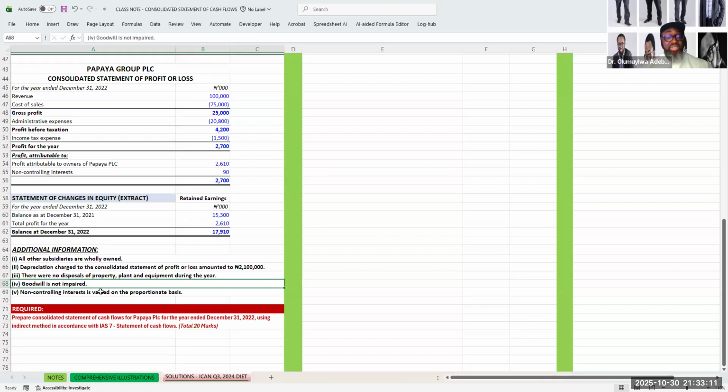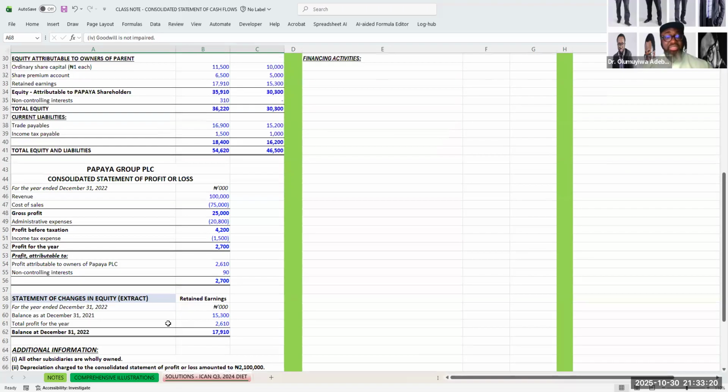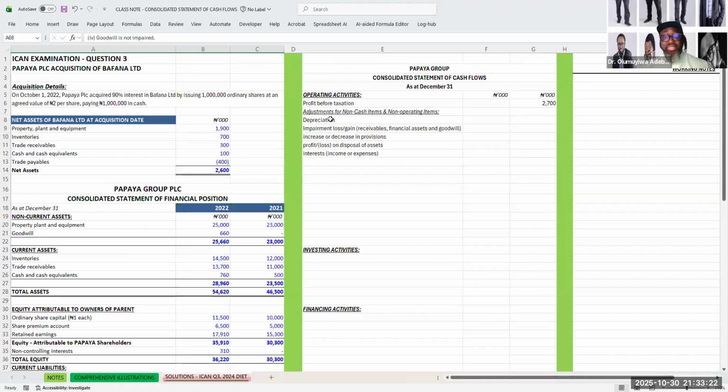And equally, non-controlling interest was measured at proportionate share. Therefore, this question is just given a la carte. It then means invariably all of these items do not exist.